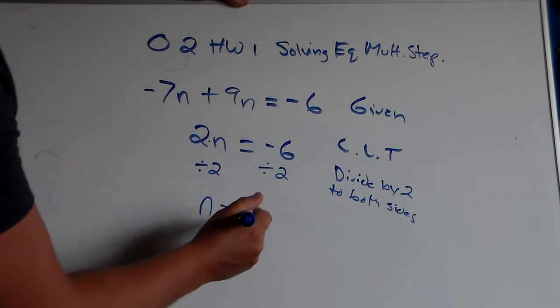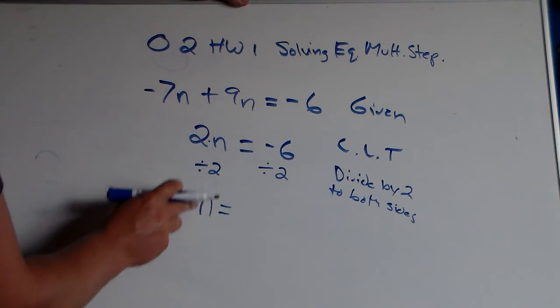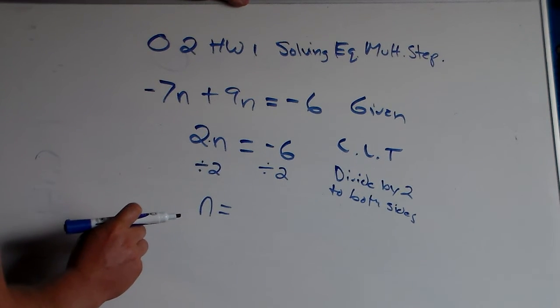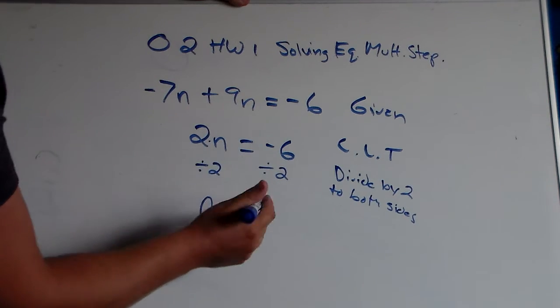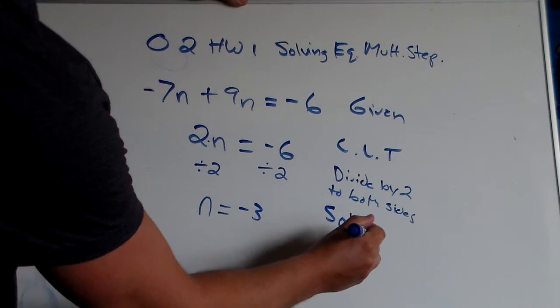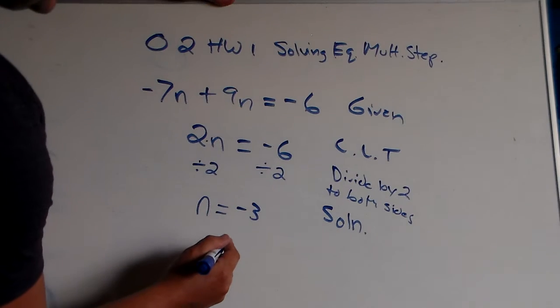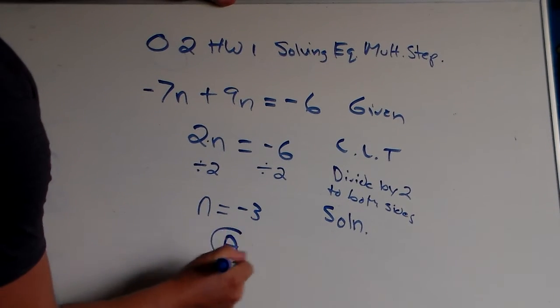And we get n equals, well, times 2 and divide by 2, they cancel out. That's how we just get the 1n. Negative 6 divided by 2 gets you negative 3. And that's our solution. As far as multiple choice, that answer is A, negative 3. So in the multiple choice, the answer is A for problem number 3.